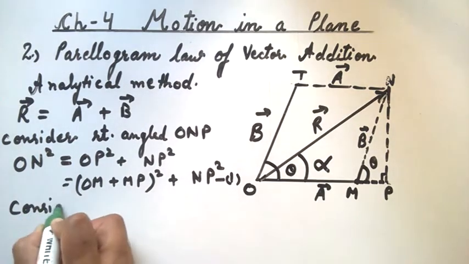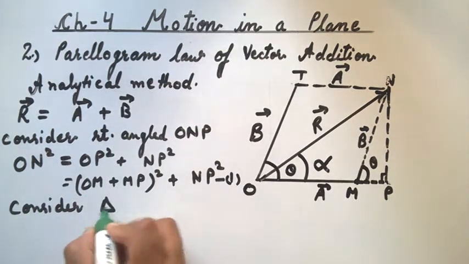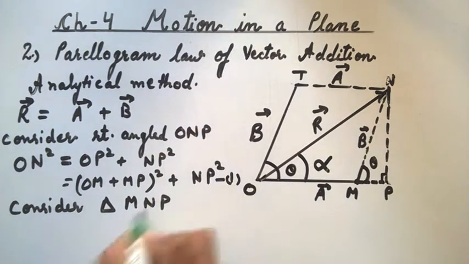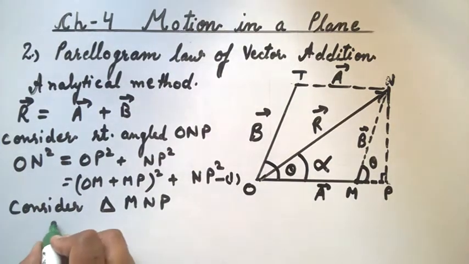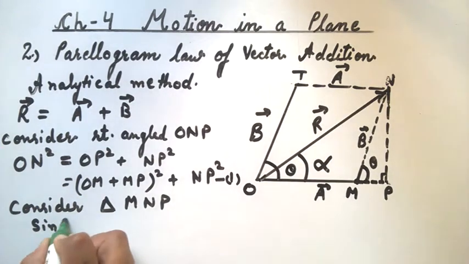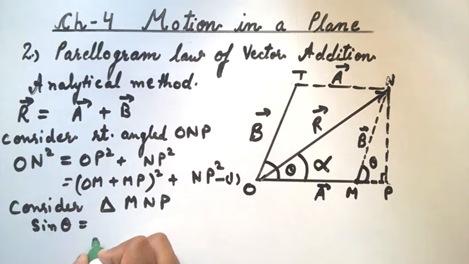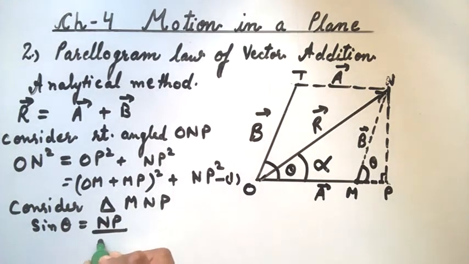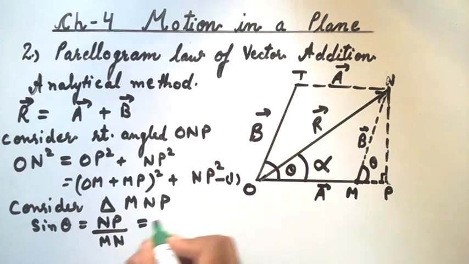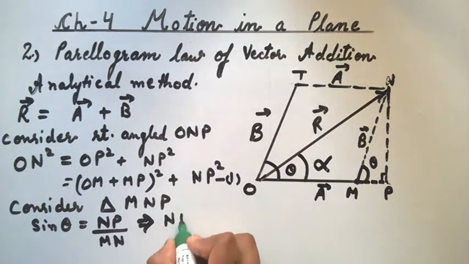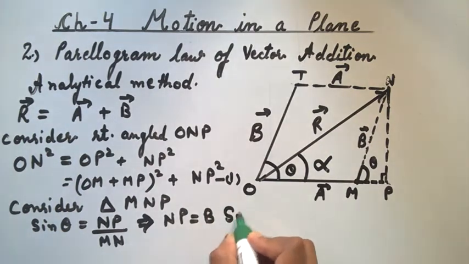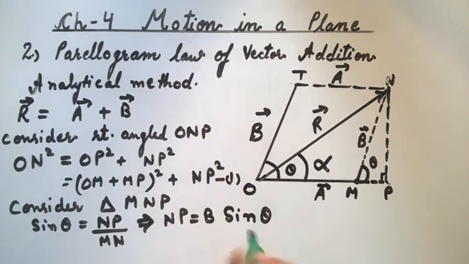Consider right angle triangle MNP. Here sin theta is given as NP by MN, perpendicular by hypotenuse. This implies NP equals B vector, or in terms of magnitude, B sin theta.